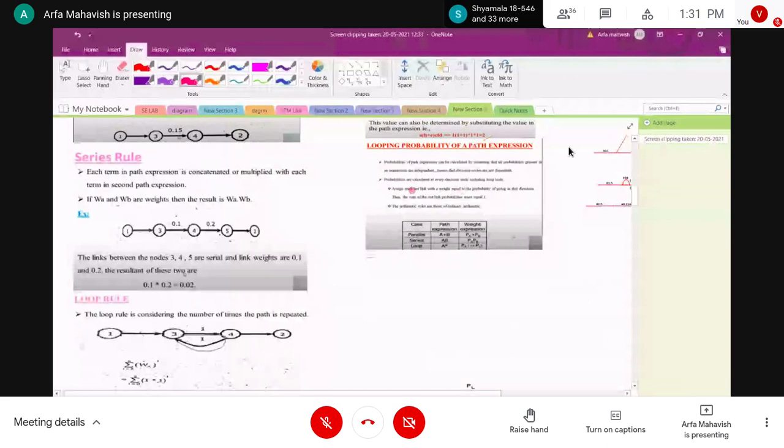The sum of the outgoing link probabilities must equal 1. The arithmetic rules are ordinary arithmetic.